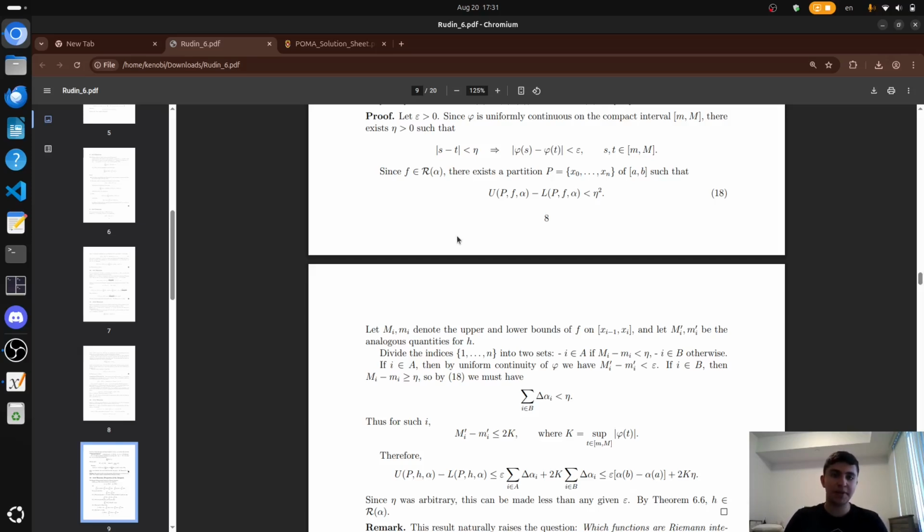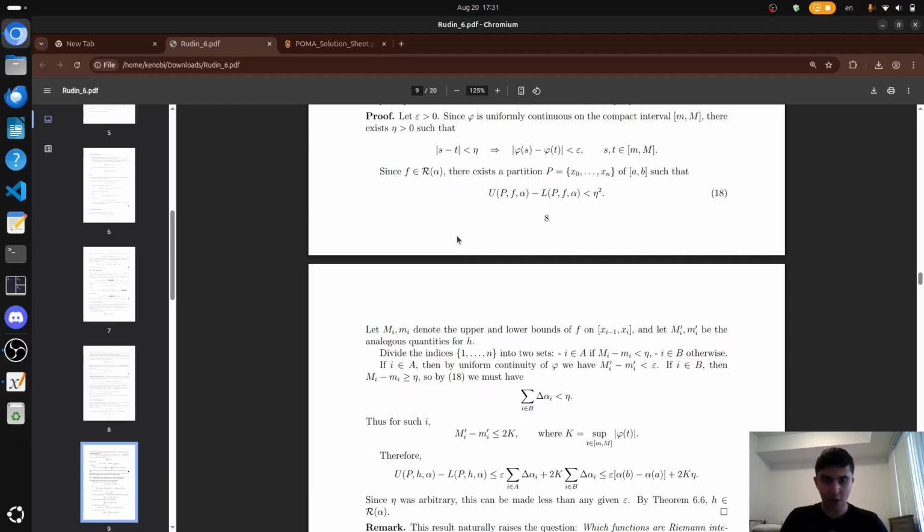Let epsilon greater than 0. Since phi is uniformly continuous on the compact interval m to M, there exists eta greater than 0 such that s minus t less than eta implies phi of s minus phi of t is less than epsilon.